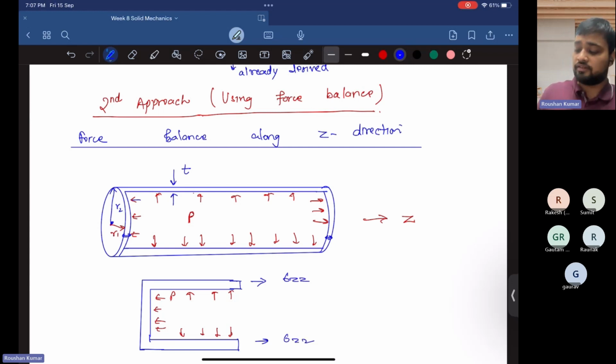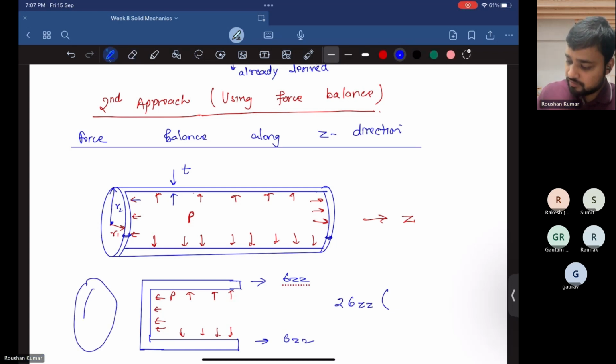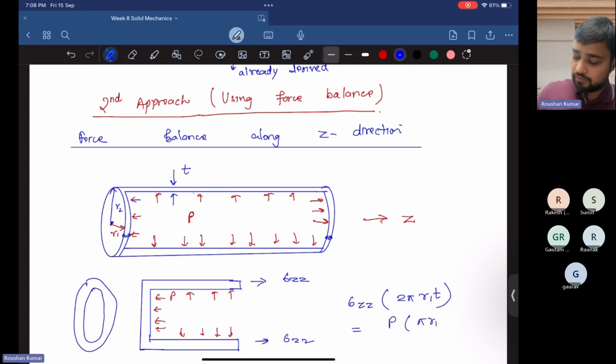It is given by 2 sigma zz into, since this is a hollow cylinder, the circumference 2 pi r1 into thickness T gives the area, which equals the pressure acting from the inside, P into pi r1 square.